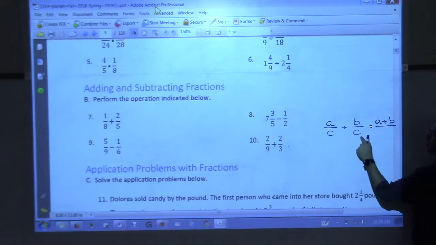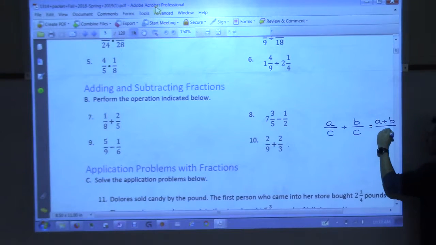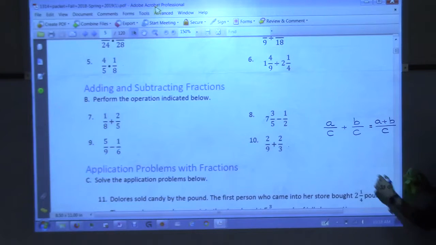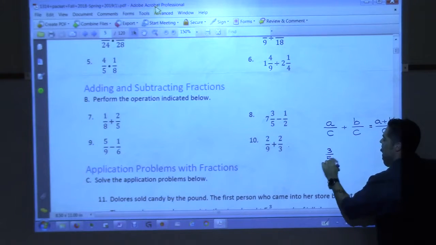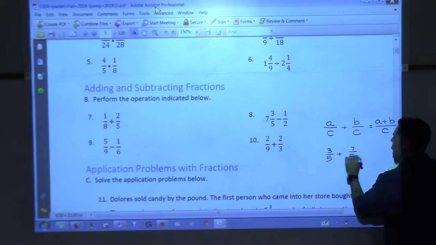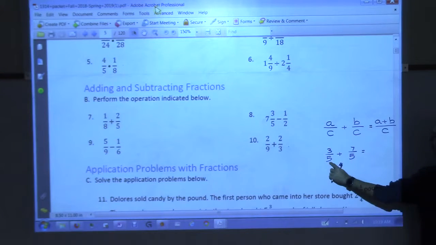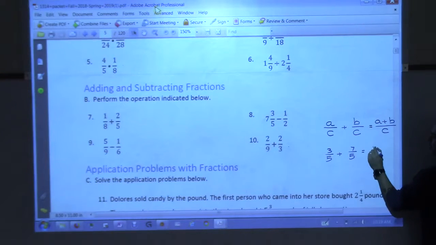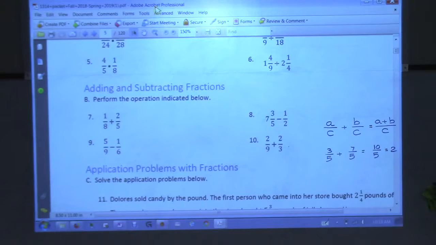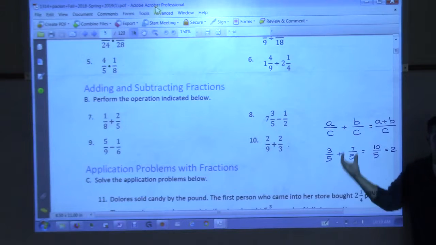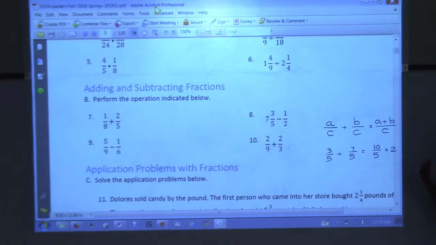And then what do you do with the denominator? Keep it the same. All right, so for example, if I had 3/5 plus 7/5, then because they both have a 5, I would just get 10/5. So 3 plus 7 is 10, 10 over 5, and that's just 2, isn't it? 10 divided by 5 is 2. So if we have the same denominators, it's pretty straightforward.